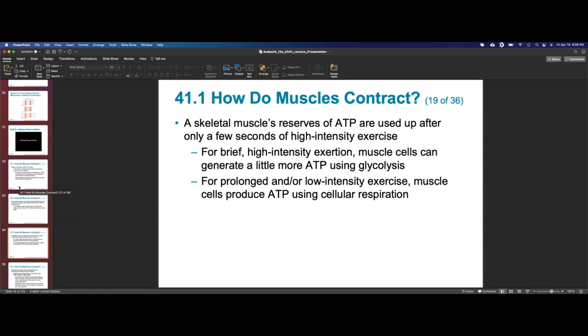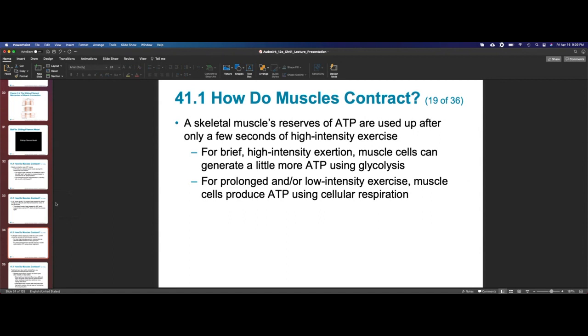As far as where this ATP comes from, there you have the process of cellular respiration. However, you can also have ATP that's stored in skeletal muscle reserves.